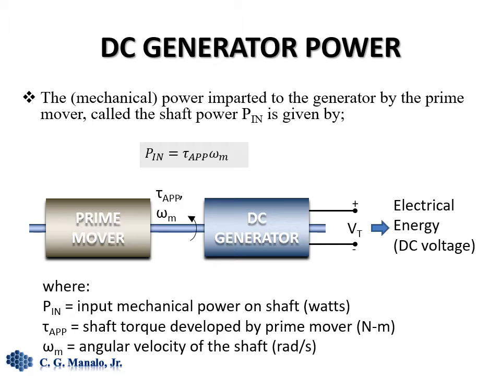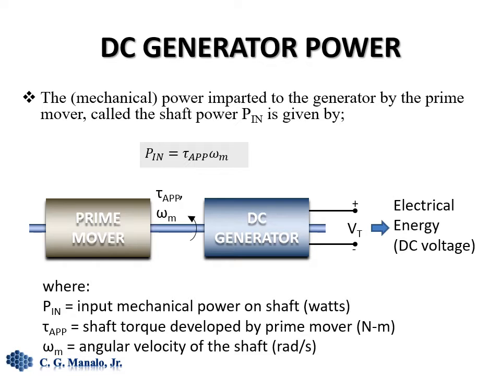So let's call the power imparted by the prime mover to the generator as our P sub in. So this is equal to the torque produced by the prime mover on the shaft of the generator and the angular velocity of the shaft.